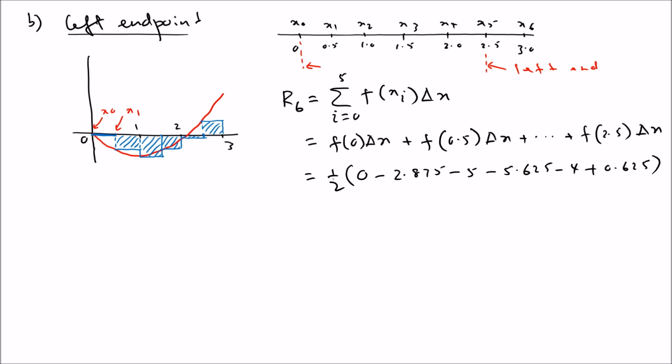You don't have the 9 this time. So if you calculate this with a calculator, you get negative 8.4375. You can see it is completely different from the previous one. So that's the difference. Depending on the point that we pick, you get different answers. So let's write this as a note.